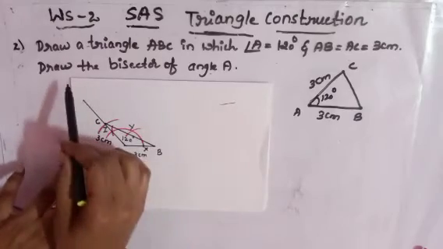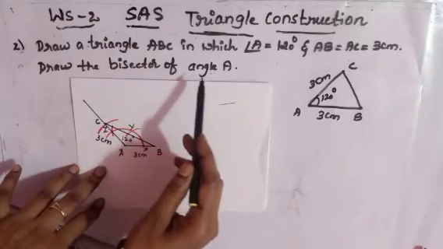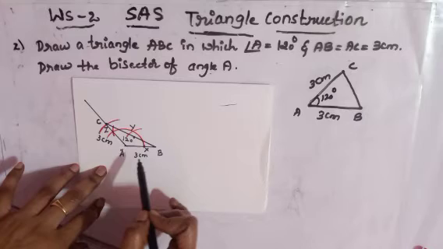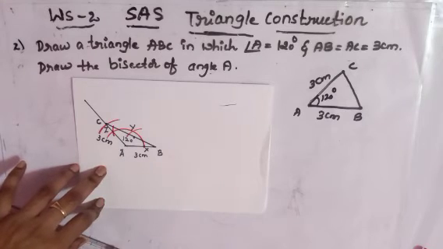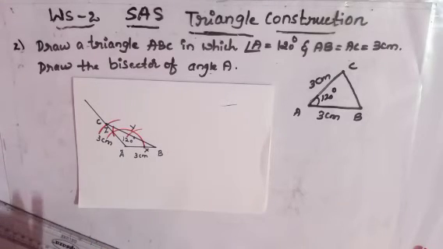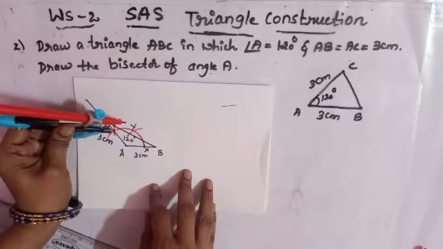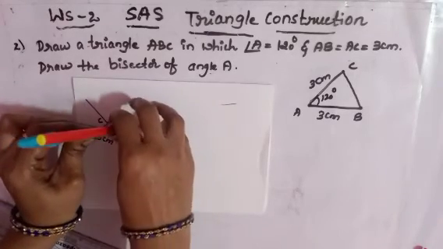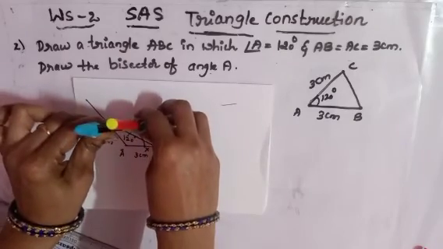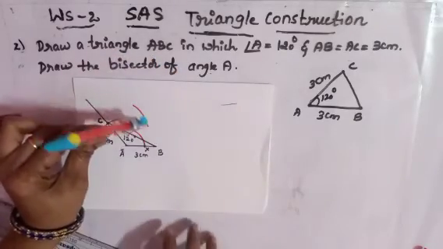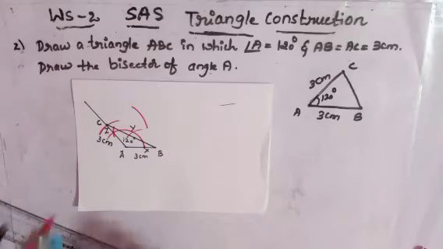Next, they asked again in the question, draw the bisector of angle A. So we have to draw the bisector of angle A. Take the compass, place it at point Z. Draw an arc of convenient radius, any radius you can take.